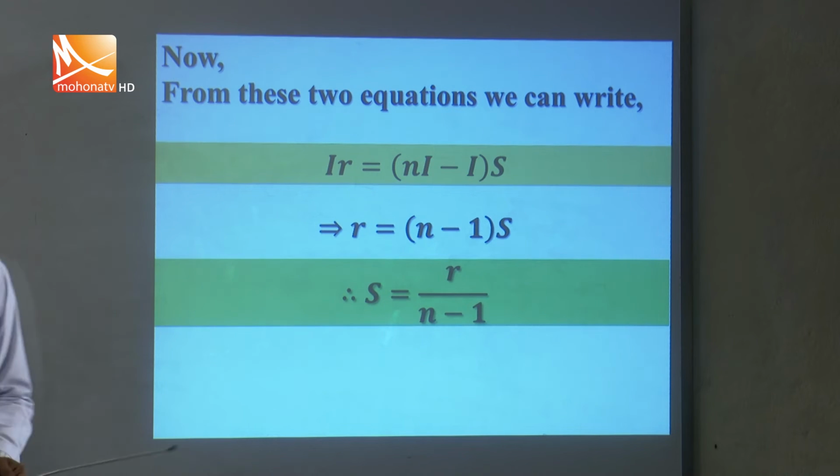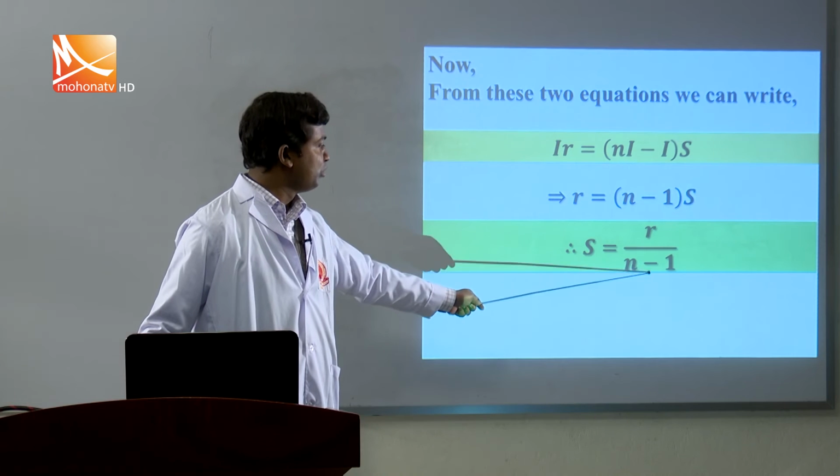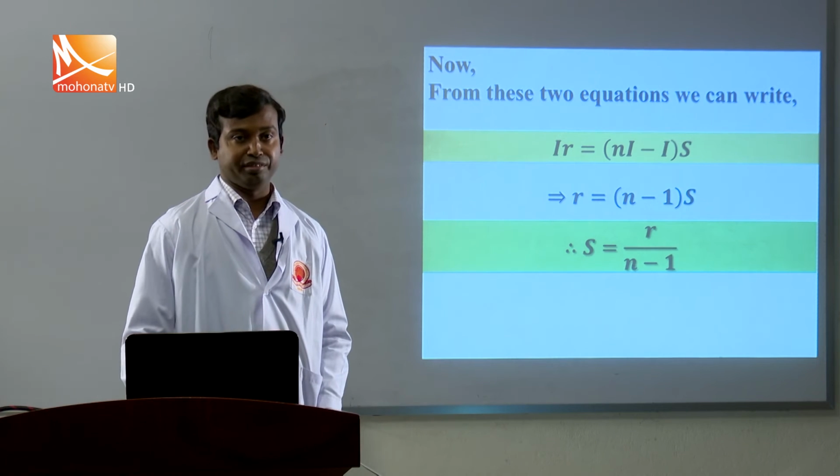So this is the amount of shunt that you have to connect in parallel with the ammeter to measure a larger amount of current, that is n times the current.